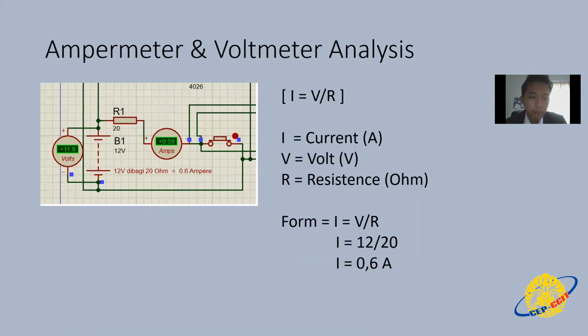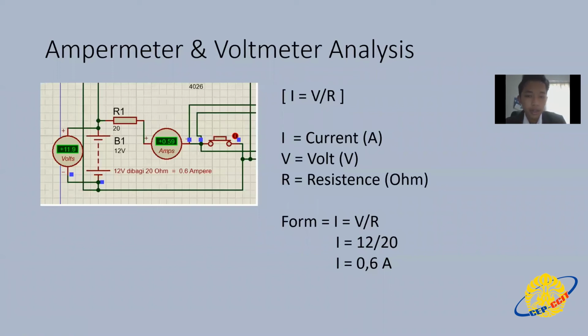Then there is the ammeter. The ammeter of our circuit is 0.59, or you can say 0.6. How do we get this number? By Ohm's law, which is V equals I times R. V is the volt, which is the battery.